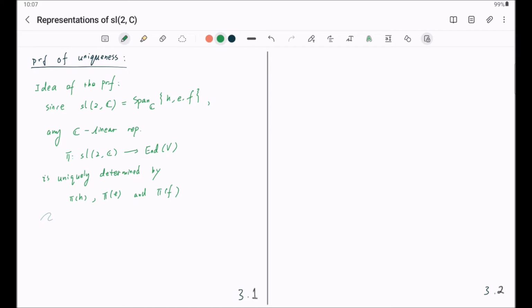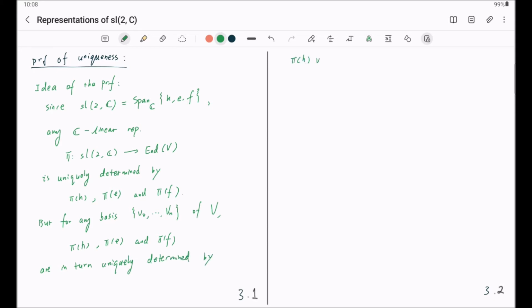But for any basis V0 through Vn of V, pi of H, pi of E, and pi of F are in turn uniquely determined by pi of H applied to Vi, pi of E applied to Vi, and pi of F applied to Vi, for all i from 0 to n.